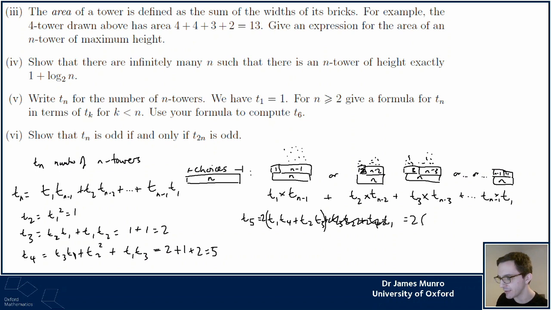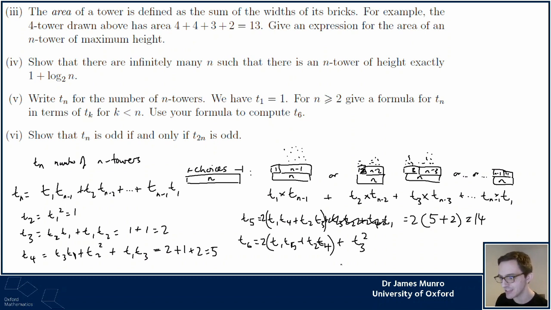Okay, I'm going to do it like that. T1 T4 is 1 times 5, and T2 T3 is 1 times 2. So this is 14. And then T6 is going to be T1 T5 plus T2 T4 plus T3 squared plus T4 T2 plus T5 T1.